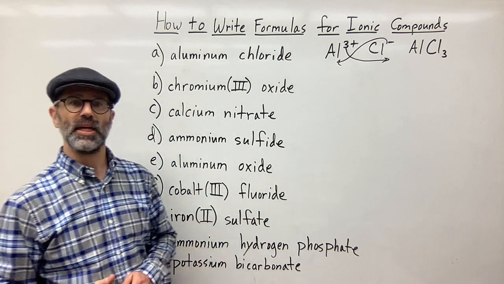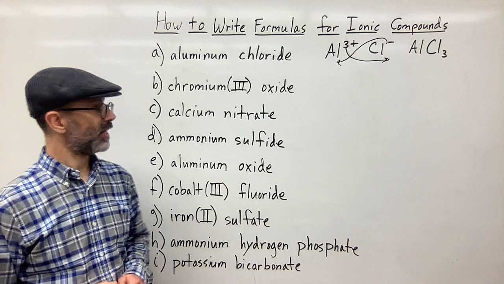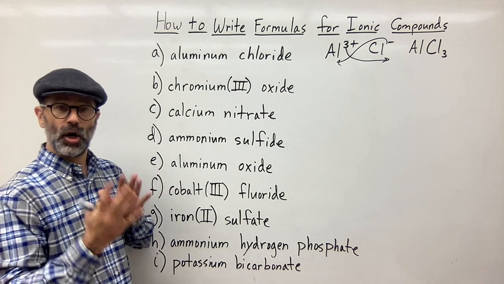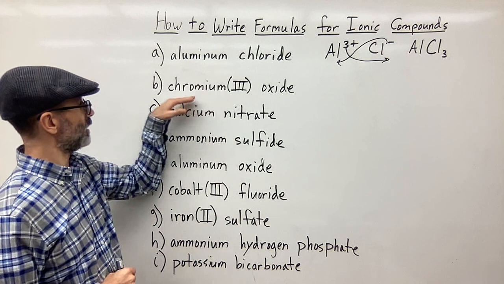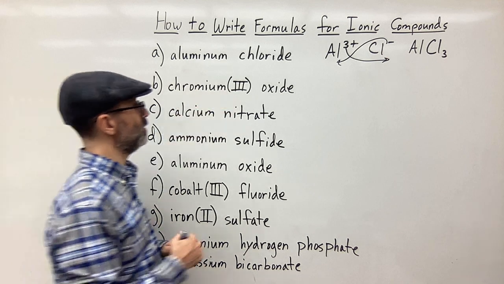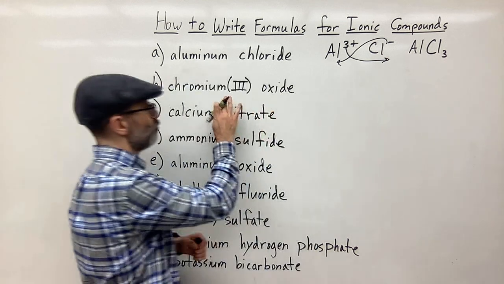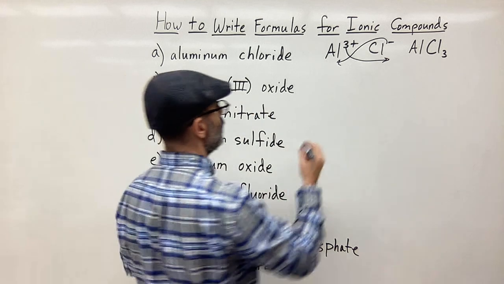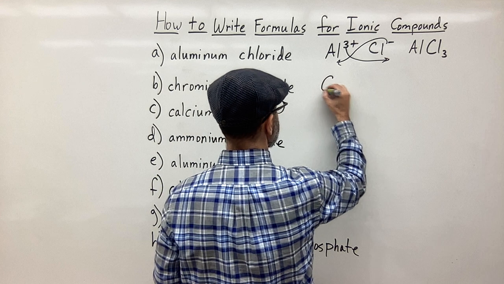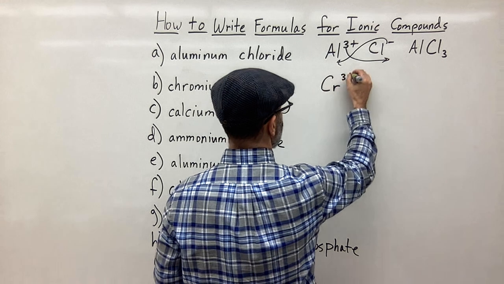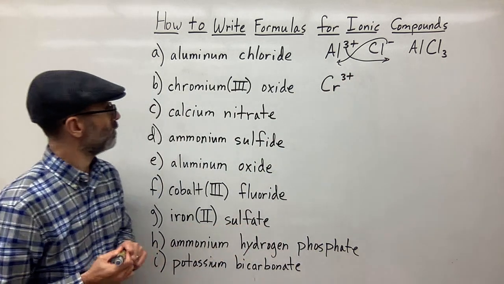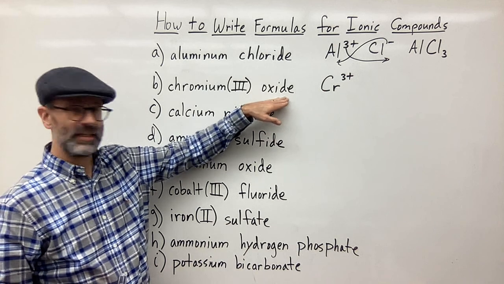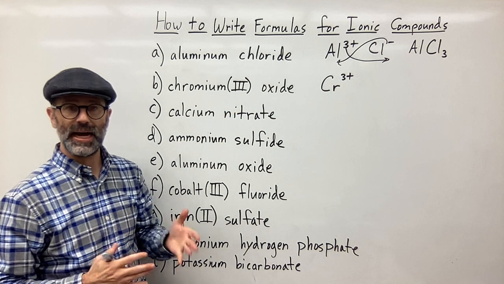Next, let's do B, chromium 3 oxide. So again, we're going to write the ions for each part of the name. So the first ion is your chromium 3 ion. So remember, the Roman numeral indicates that there is a 3+ charge. So we're going to write Cr3+. And then we have the oxide ion. The IDE ending tells us that it's a monatomic ion that's negative.